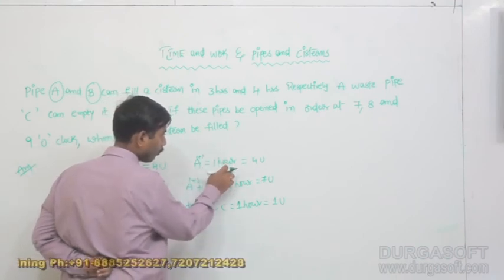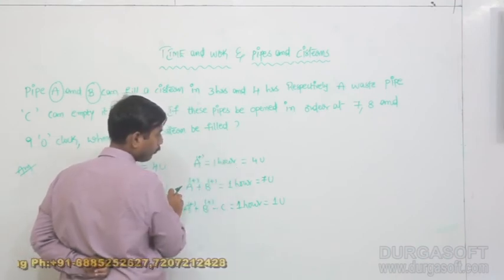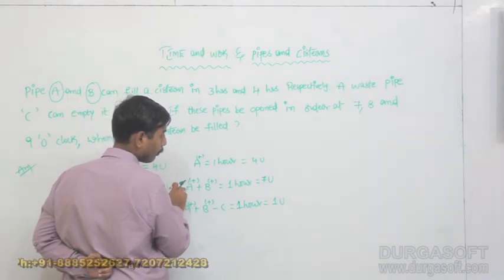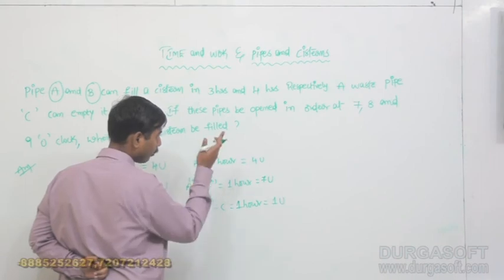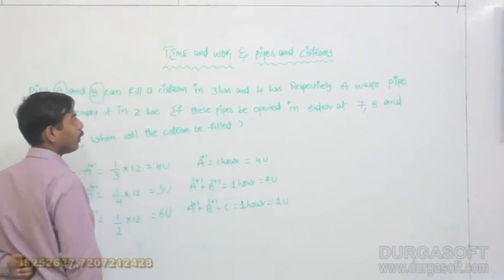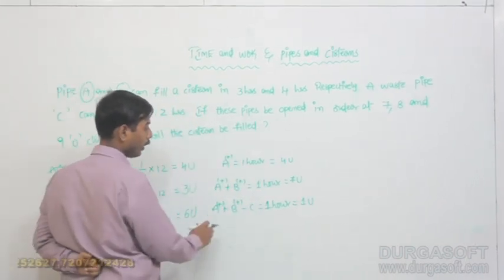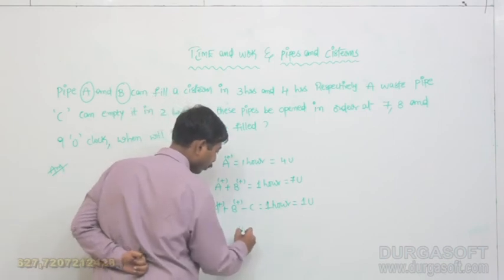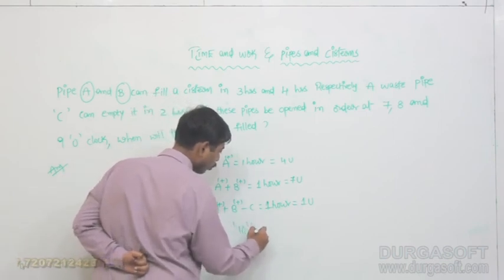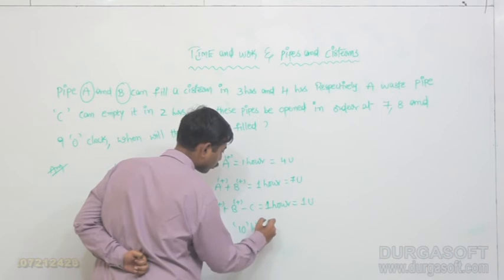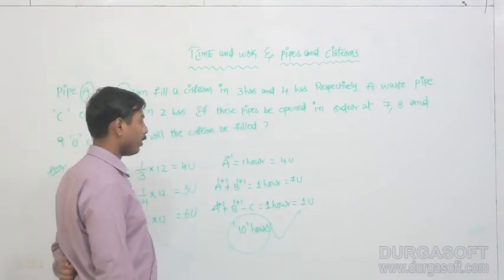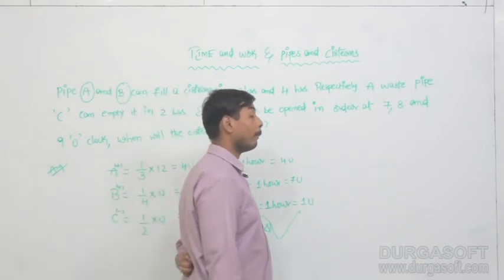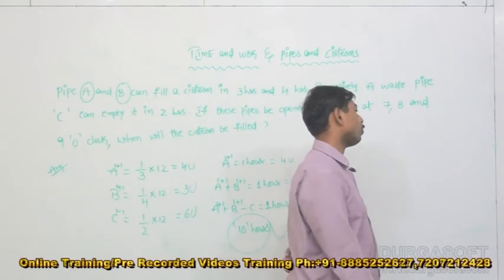From 7, 1 hour, 8; from 8, 1 hour, 8 plus 1, 9. At 9 o'clock the last pipe also opened along with these two pipes. 9 plus 1, 10. At what time would that cistern be completed if the pipes are working in this manner? Definitely that cistern would complete at 10 o'clock, no doubt about it.